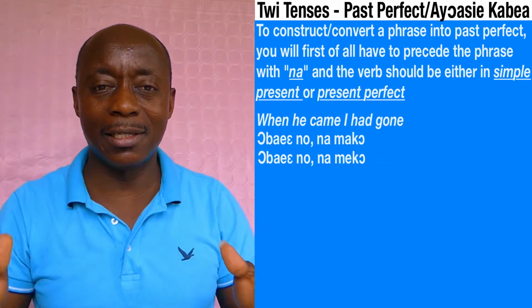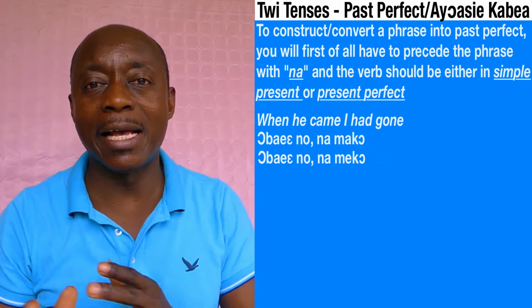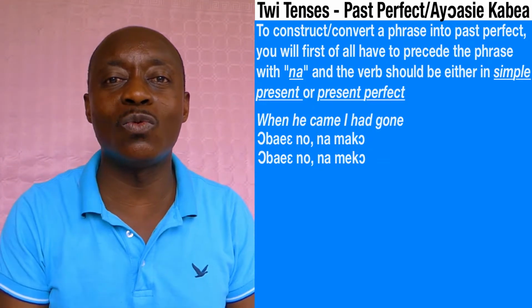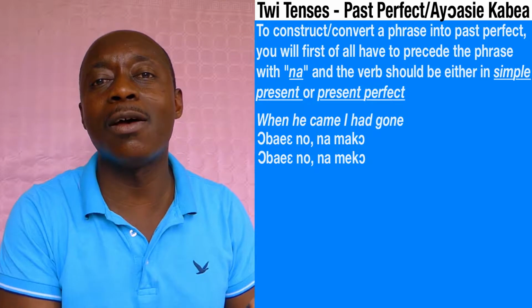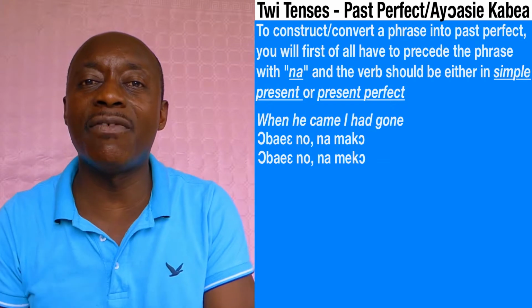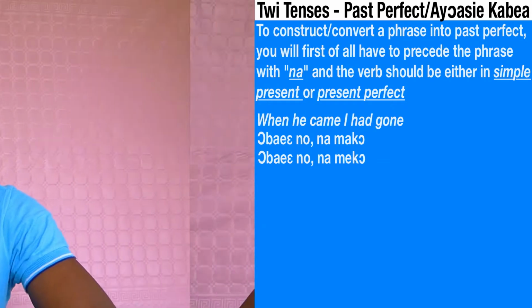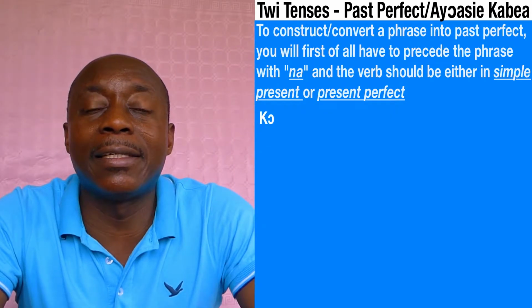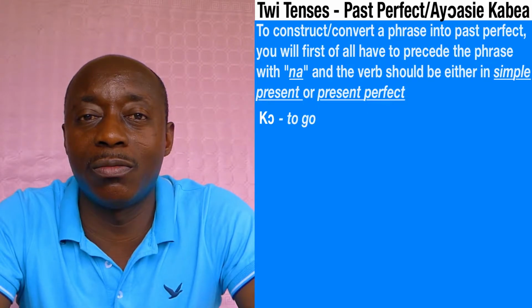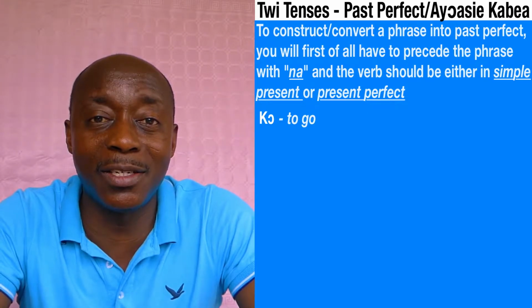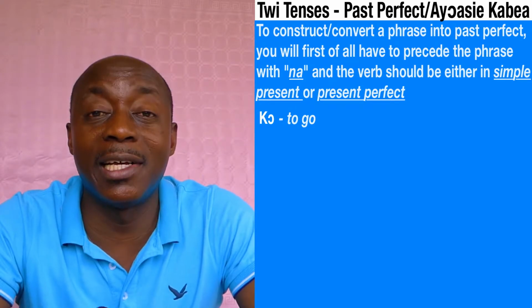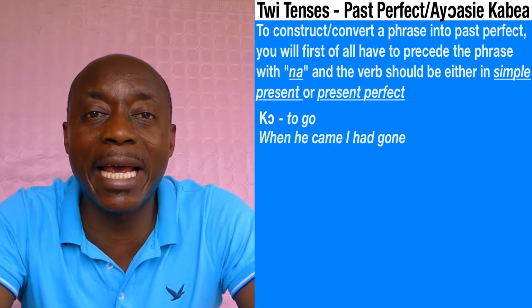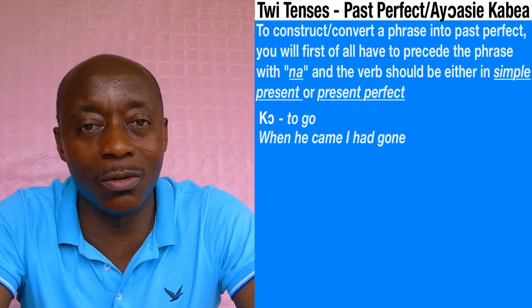So let's take this verb and see in which case we are going to make use of the simple present tense or the present perfect tense. Let's take this verb, ko, to go, and make this statement and use it for all the pronouns. The statement is, when he came, I had gone.